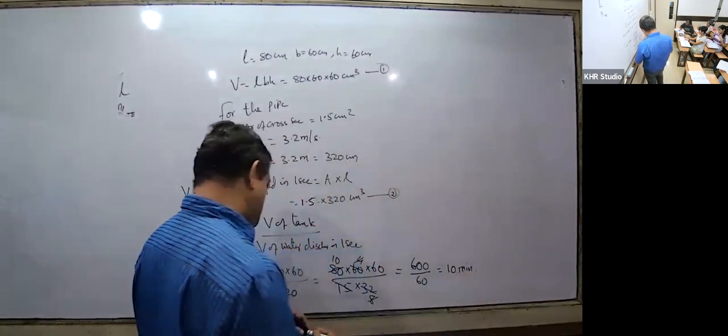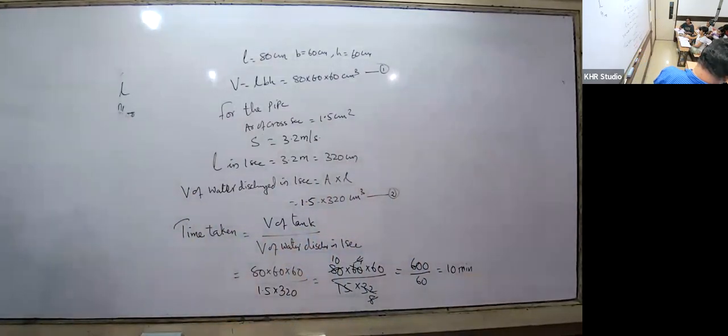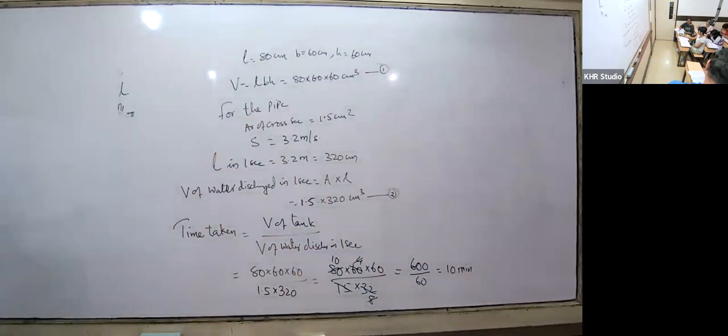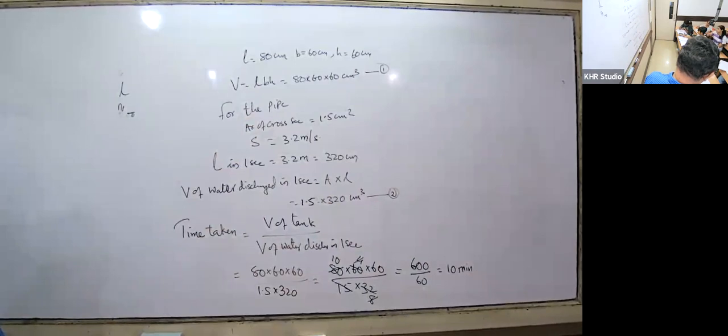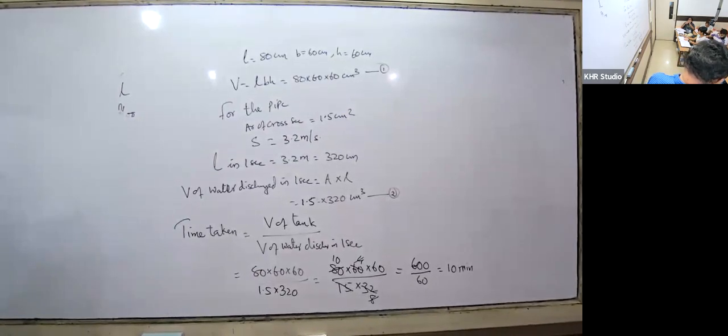All of you got? Yes. I also did not notice. It was area of the cross section 1.5, not 3.2. Done.